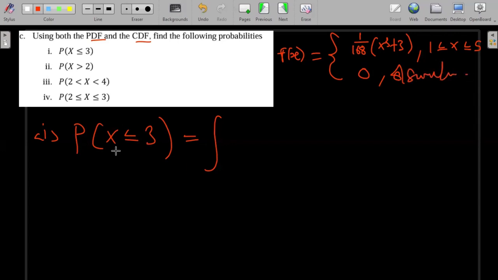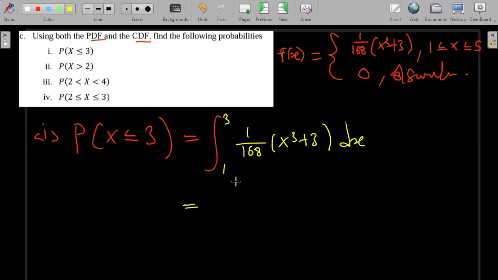Okay, so this probability here that x is less than or equal to 3 is the probability that x comes from the lowest point in the defined interval. So that point will be 1, then it will go all the way up to 3, and then I have my probability function there. I can find this probability by using this formula.